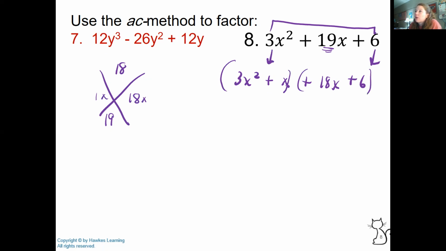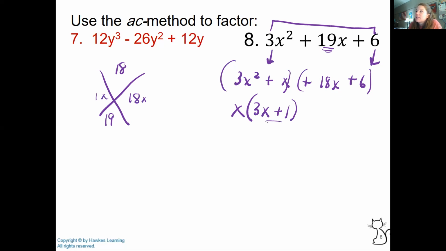Now we want to see what do these have in common? Well, they both have an x, right? So 3x squared, take away an x is 3x. x divided by x is what? 1, not 0, it's 1. You can't just leave it blank when a 1 is all you have. Now, what can we divide 18x and 6 by?